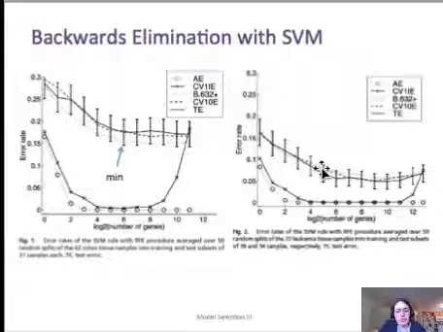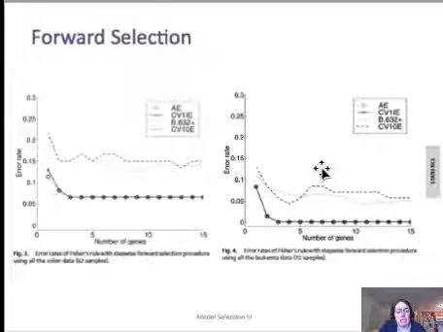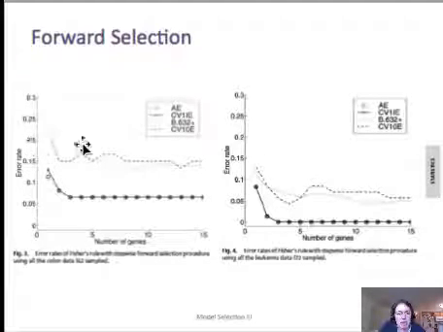So, let's see. The next thing that they do is a forward selection. And here we see the same type of thing. We have the AE being the test error, and this is for the colon data and the leukemia data again. In the forward selection case, and in both situations, again, we see this difference in error because of the complexity of the colon data, although it doesn't seem to be as severe as what was done with the support vector machine.